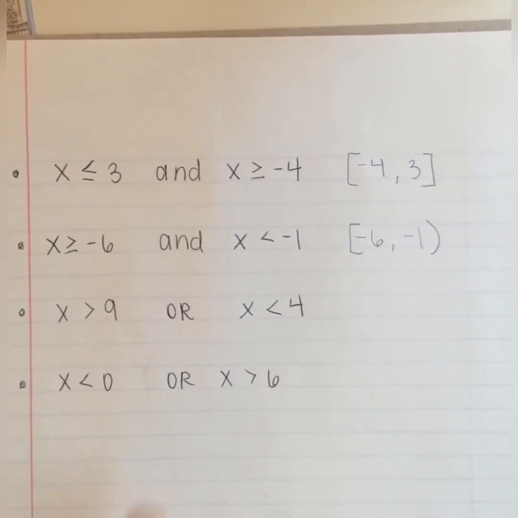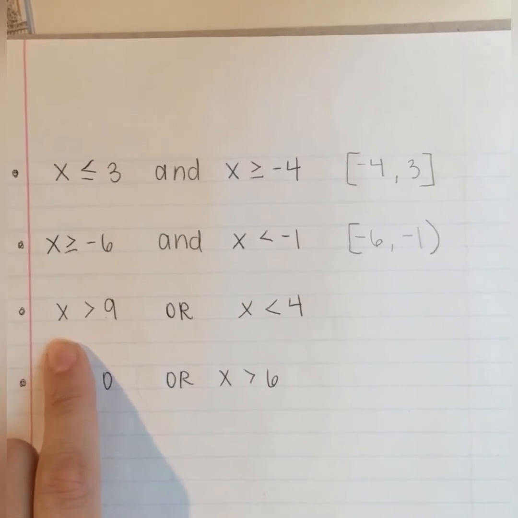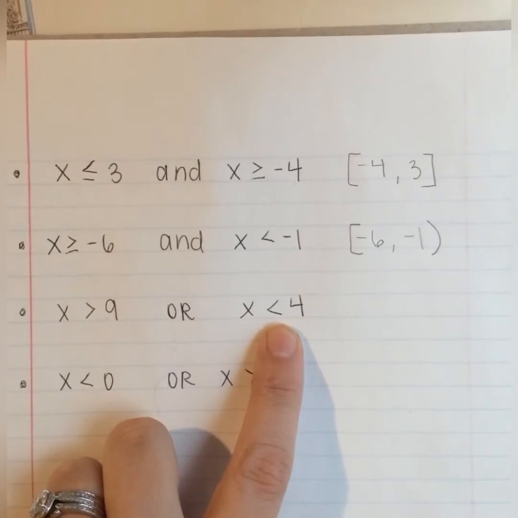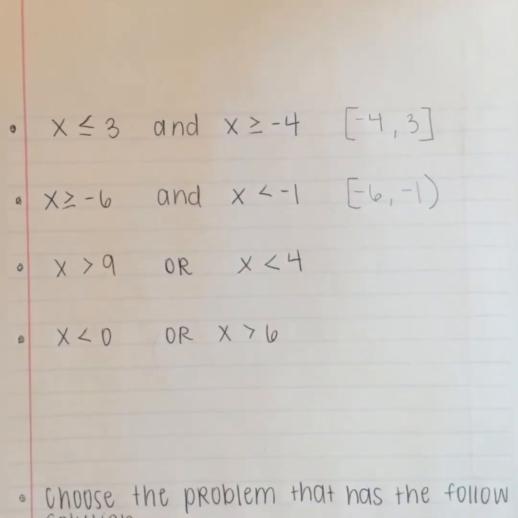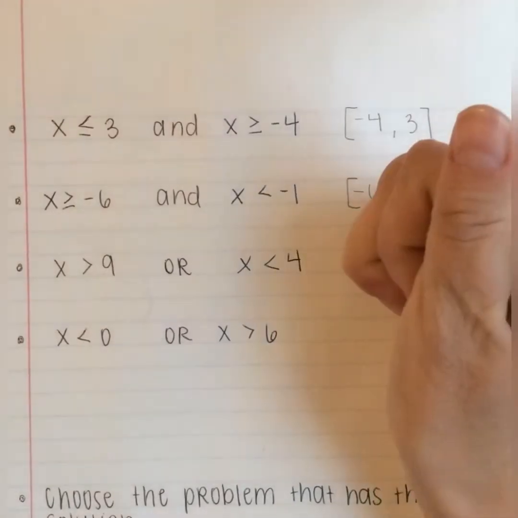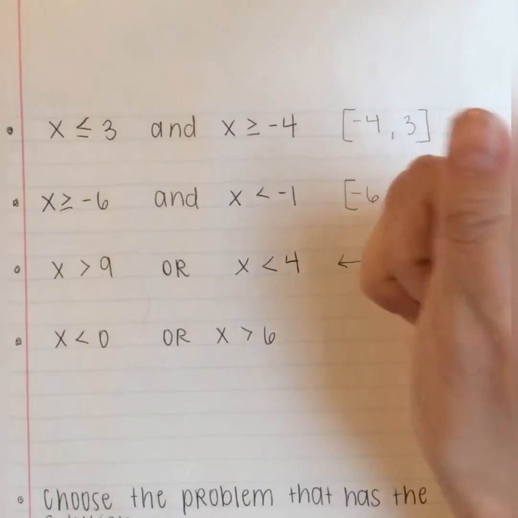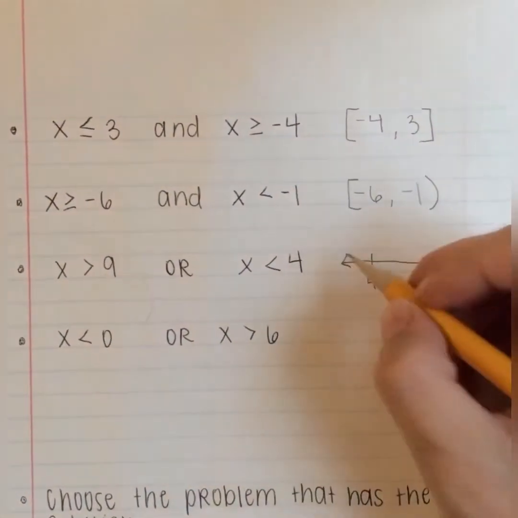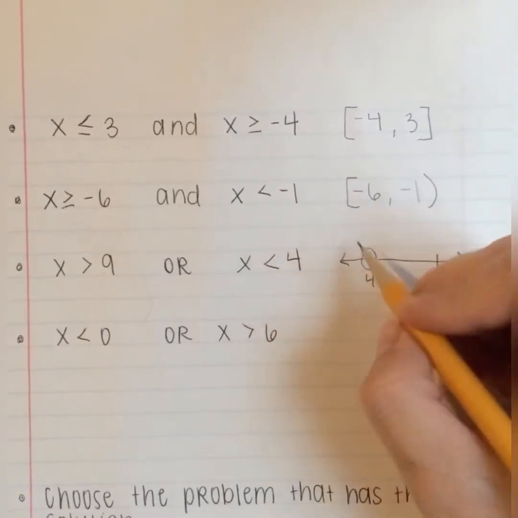Okay? Here we have an "or." So x is any value greater than 9, or x is any value less than 4. Okay? If you need to put this on a number line, that would help you. So my number line would look something like this. We have 4, we have 9. So we want any x value that's less than 4.